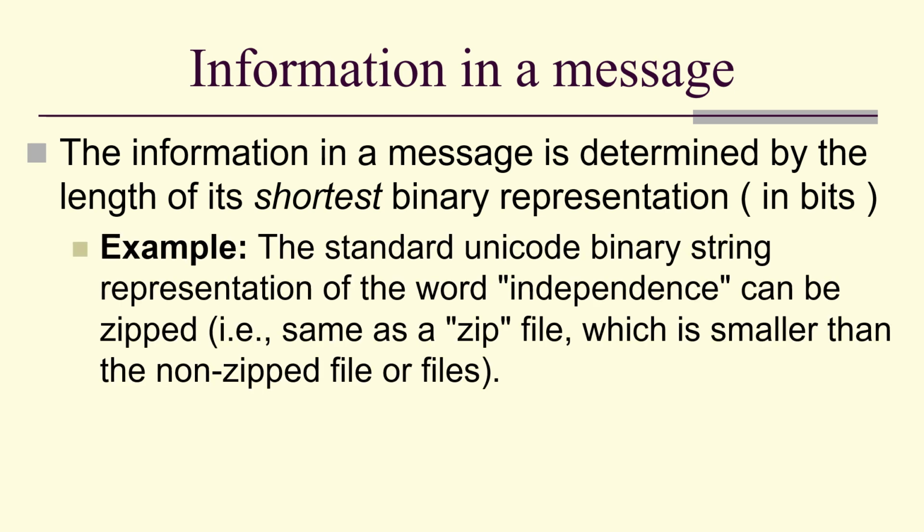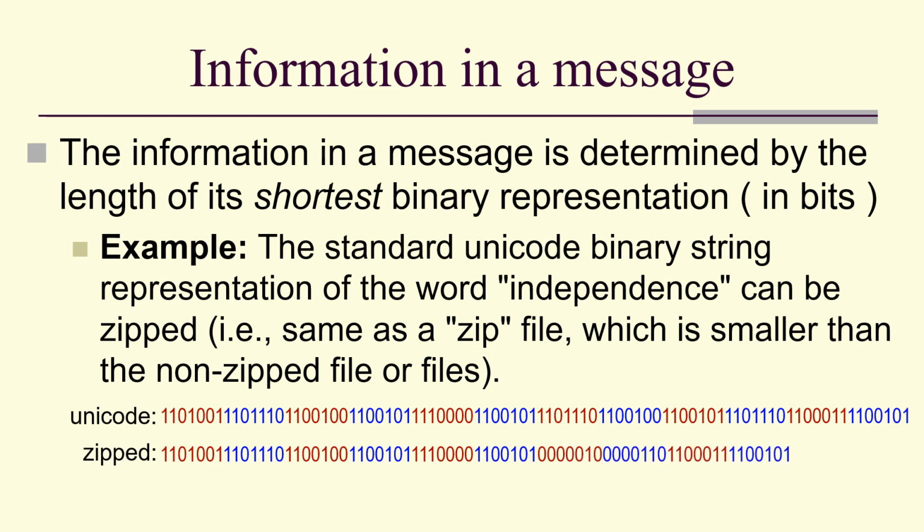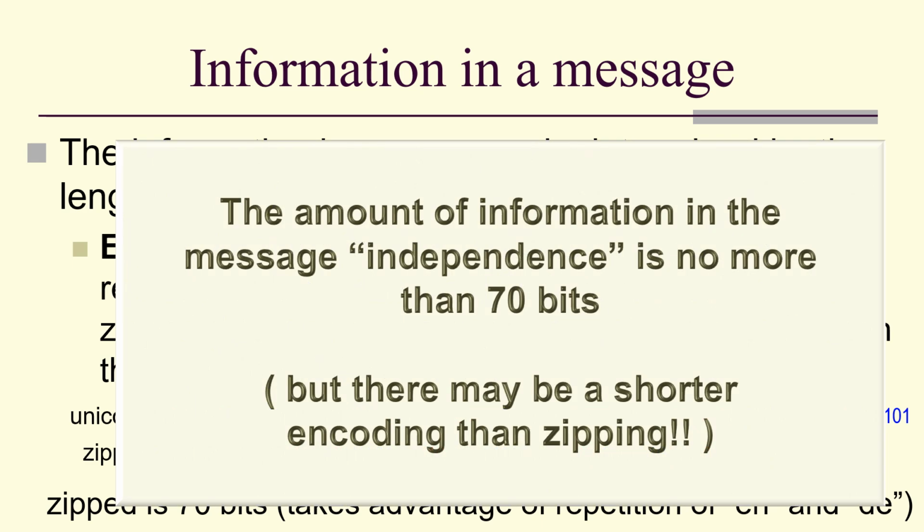So the standard Unicode binary string representation of the word independence can be zipped, same concept as a zip file, which is smaller than the non-zipped file or files. So here's the Unicode representation of the word independence. Here is its zipped version. So what we do here, the zipping takes advantage of the repetition of the EN and the DE in the word independence. So the amount of information in the message independence is no more than 70 bits, but there may be a shorter encoding than zipping.